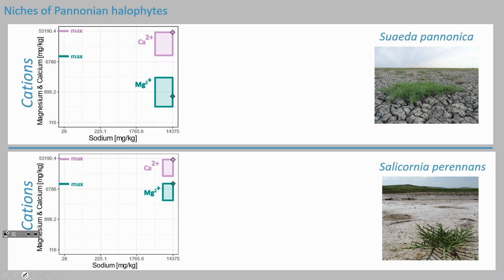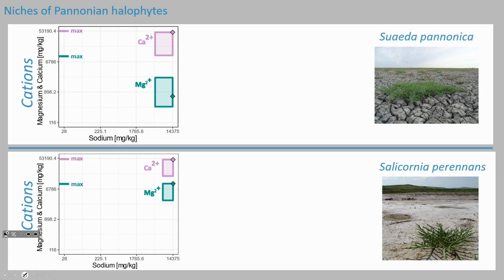And we see in our data that yes, we found divergent niches of species towards those 6 important variables. So we see that not only salinity is important, but also the shares of ions or the composition of ions and elements adds to the picture when we look at the niches of different species.